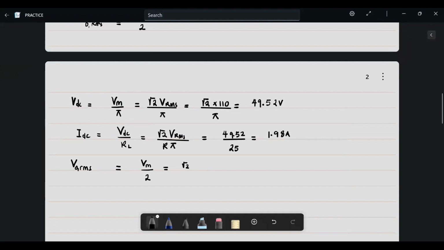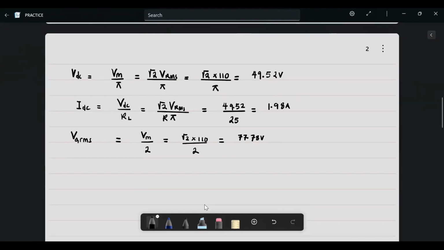Instead, we have the RMS, multiplied by root 2. So root 2 times 110 divided by 2, we get 77.78 volts. So that's the output RMS voltage.